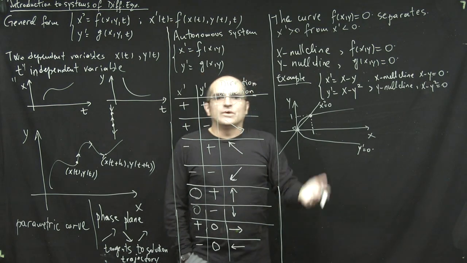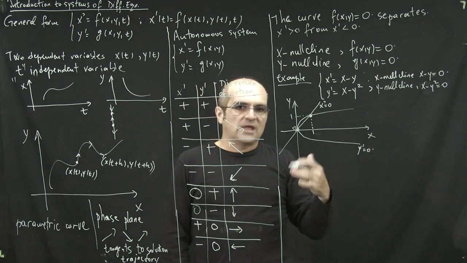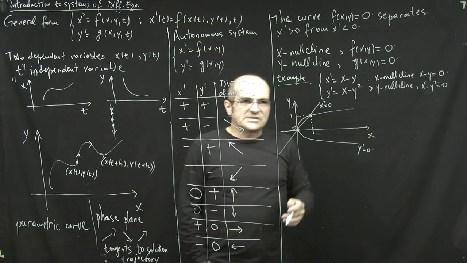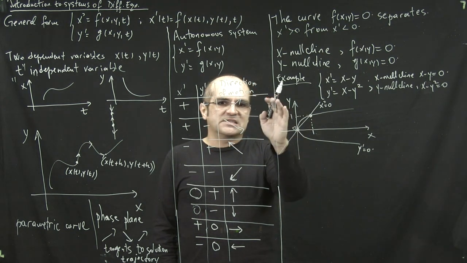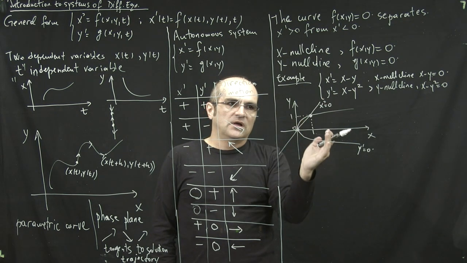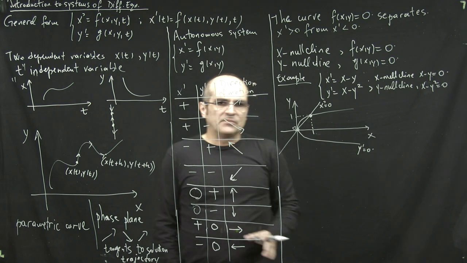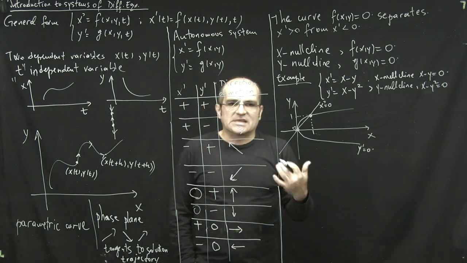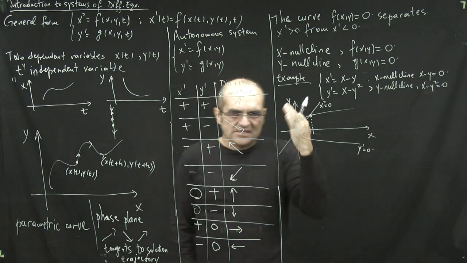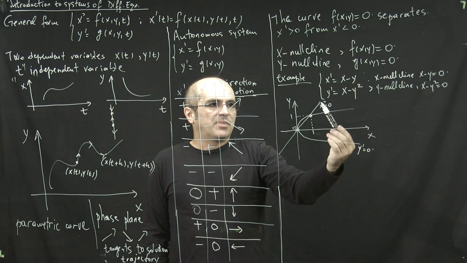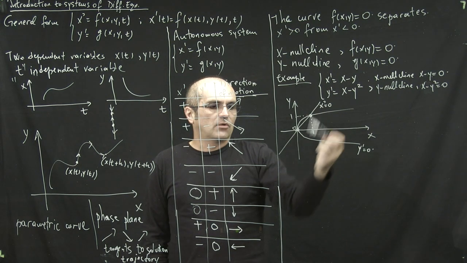Okay, so how do we figure out the direction of arrows for all the other points in the phase plane? Well, you simply have to decide whether it's positive or negative, above or below this line, or inside or outside the parabola for y prime. You could do this easily with a test value. That's the easiest and quickest way to do it. So, for example, if I'm above the line, we're looking at x prime, right?